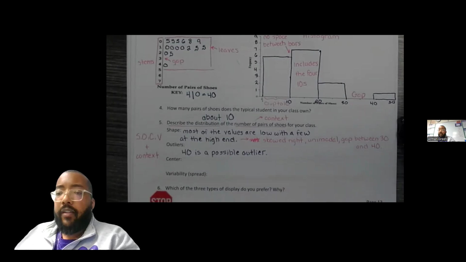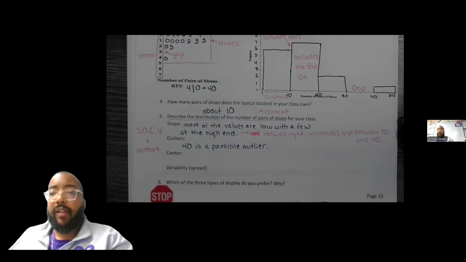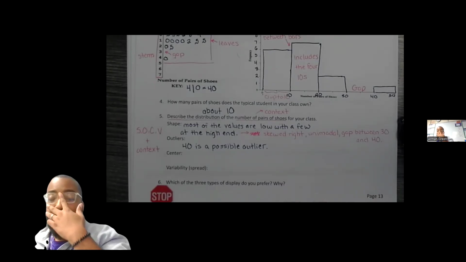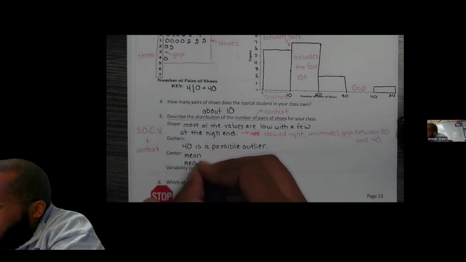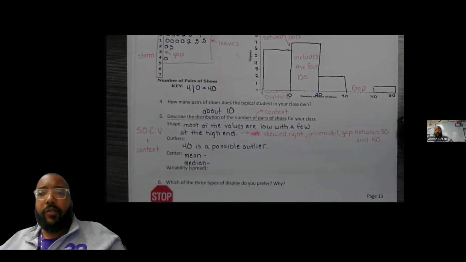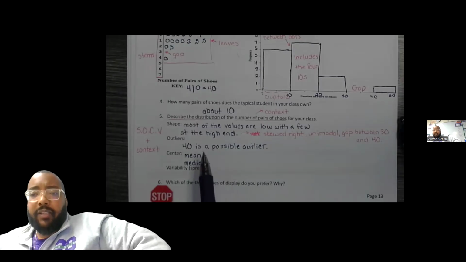Now, the next thing we're going to talk about is the center. First things first, when you're talking about center, you typically want to figure out what is the mean and what is the median of your data. Most of us already know, mean is nothing but the average.